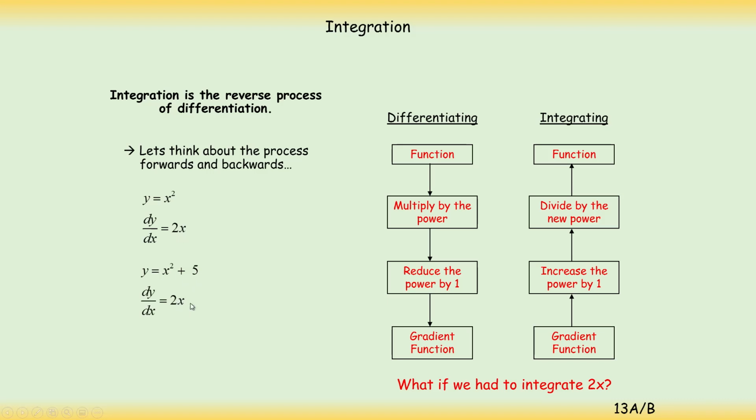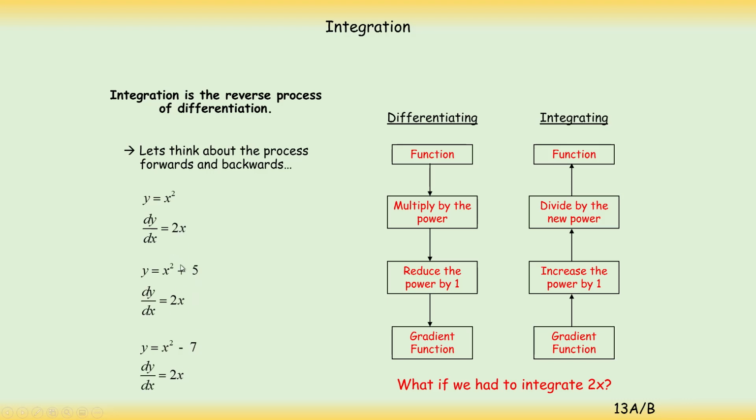So reversing the process, I'd get x squared plus 5. So it doesn't really give me an idea of where to get the plus 5 from. And if I have here y equals x squared minus 7, differentiating that will give me 2x as well. So 2x is the solution for all three of those.